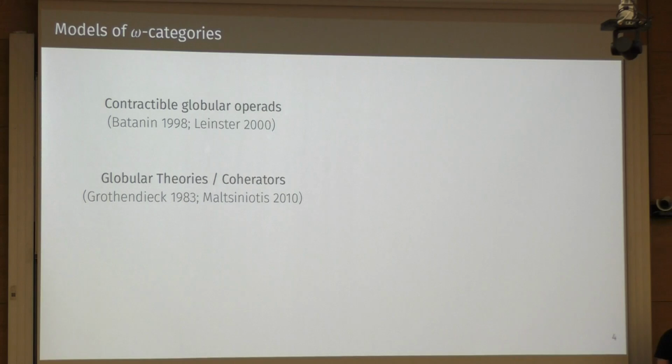But speaking more precisely, there are different models of what omega categories are. Probably the first one is by Batanin and Leinster, using contractible globular operads. Then there's a different model by Grothendieck and Maltsiniotis, using certain globular theories called coherators. And more recently, two more ways to define omega categories have been introduced.